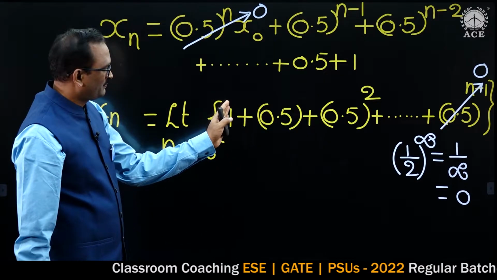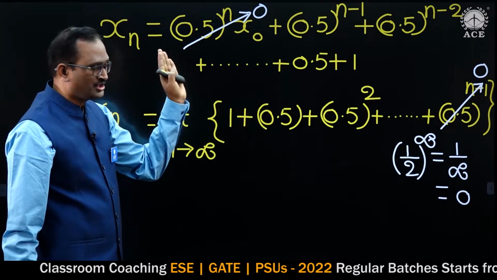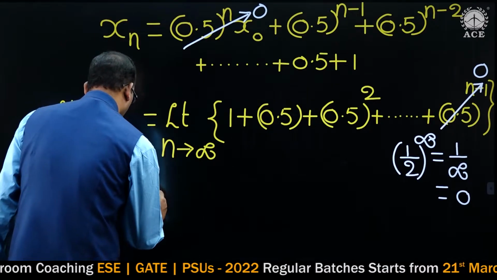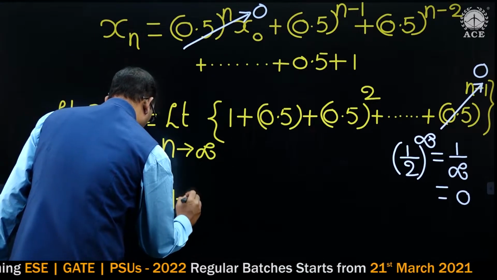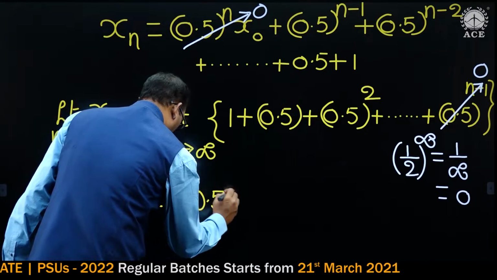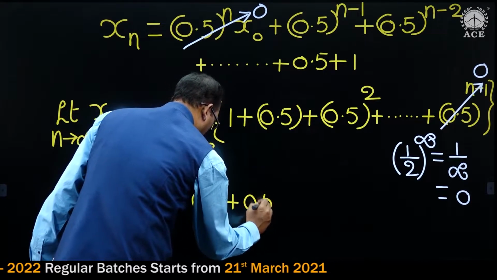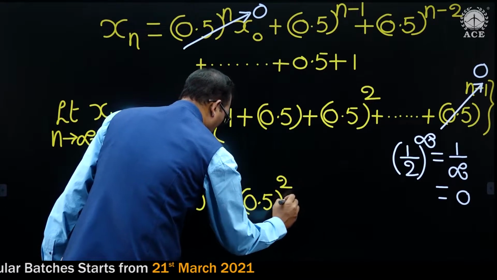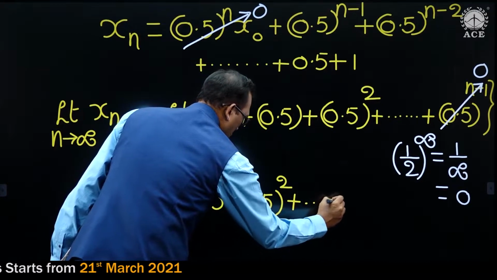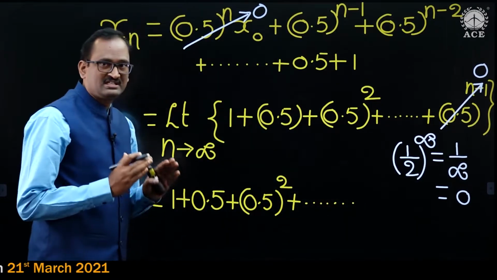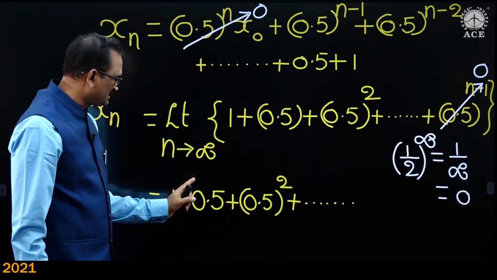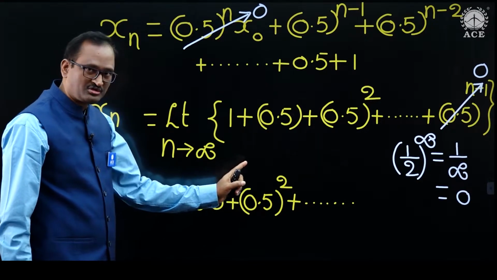Now, this is 1 plus 0.5 plus 0.5 whole square plus and so on. This is a geometric series. It is in the form of 1 plus r plus r square plus so on.